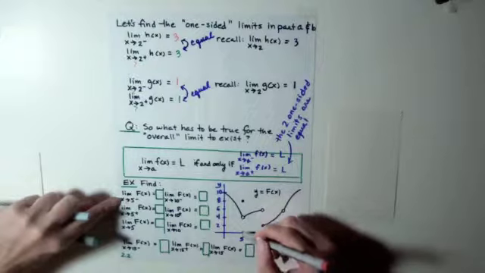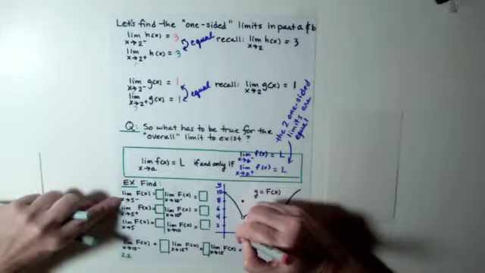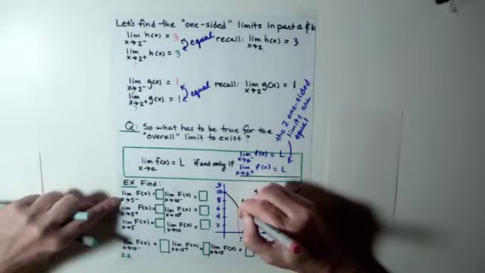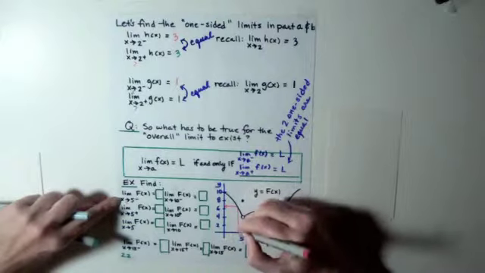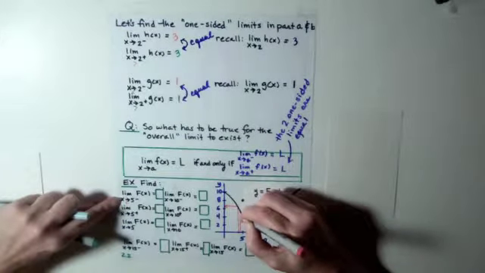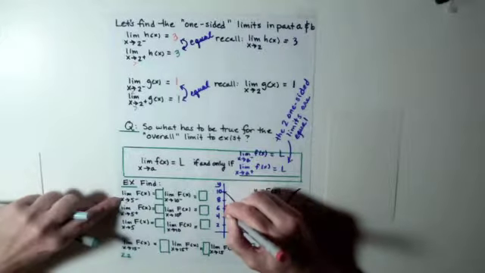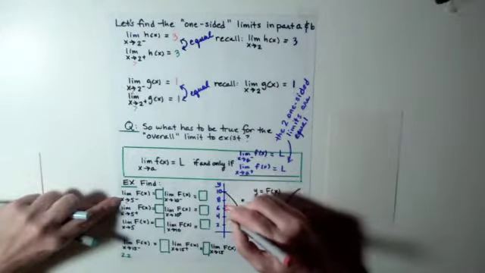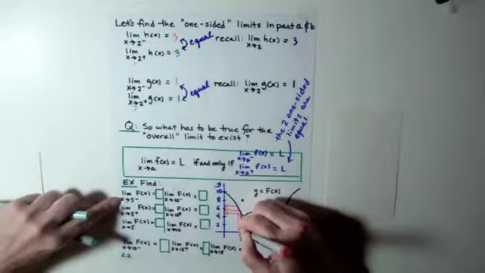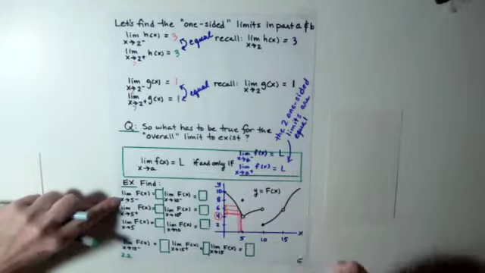If I go over to my graph and I pick an x value that's slightly less than 5, to get the output value, I go up to the graph and go over to the y-axis. The closer my input gets to 5, but always remaining less than or to the left of 5, it looks as if the output values are marching downwards towards the number 4 on the y-axis.